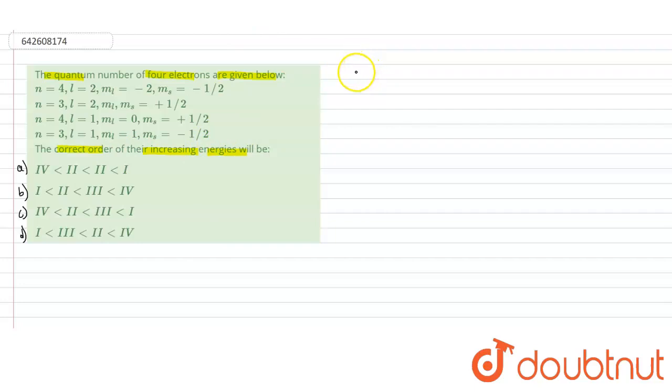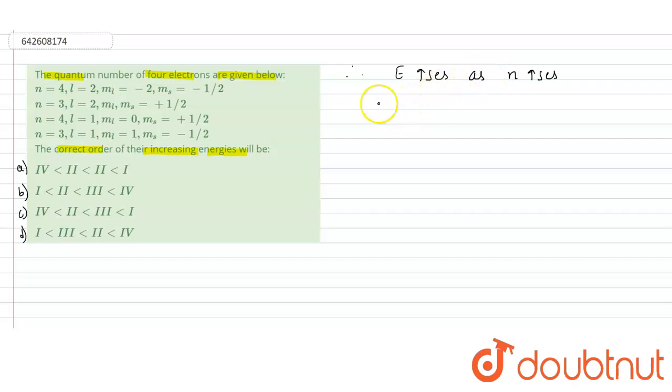The energy increases as the principal quantum number n increases. So this is point number one.